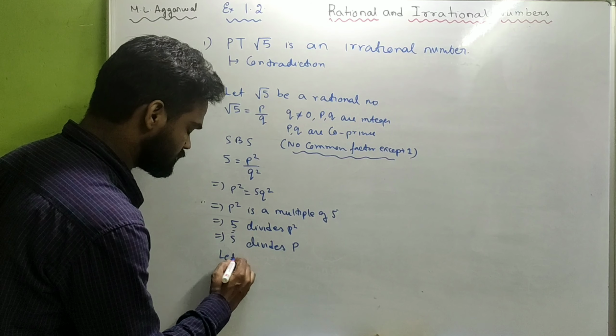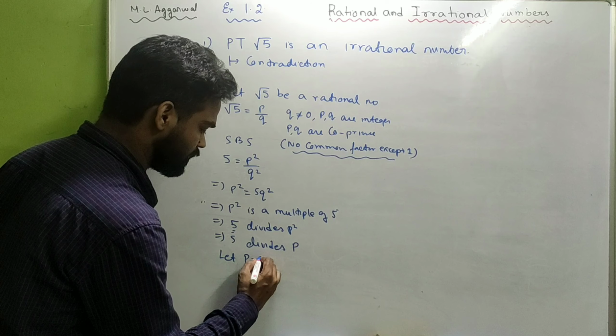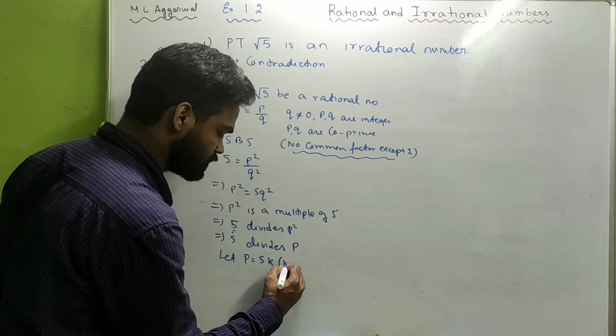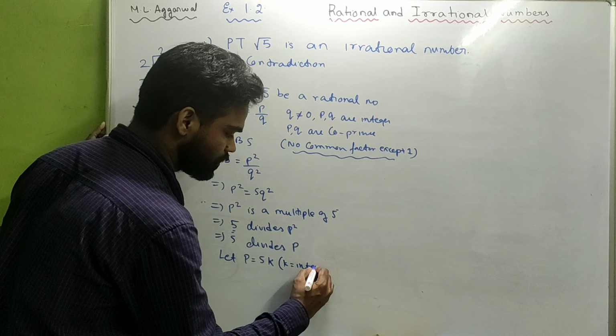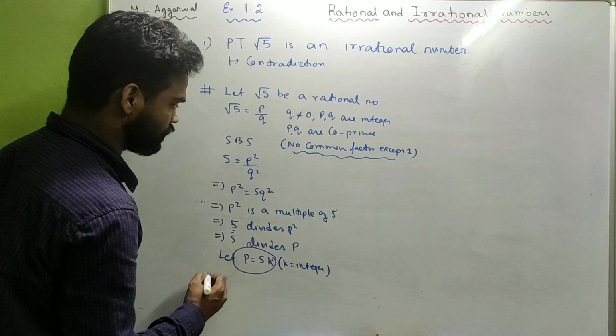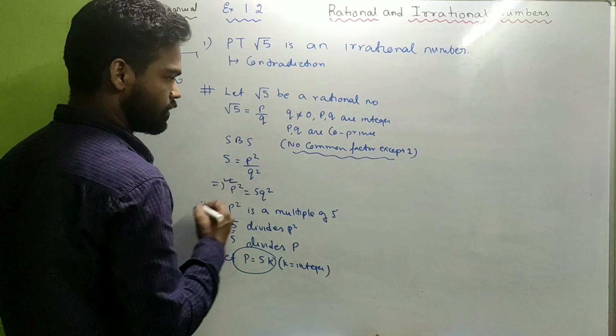So let us take P as 5k. We can assume where k is an integer, then put the value of P equals 5k over here. What will we get?